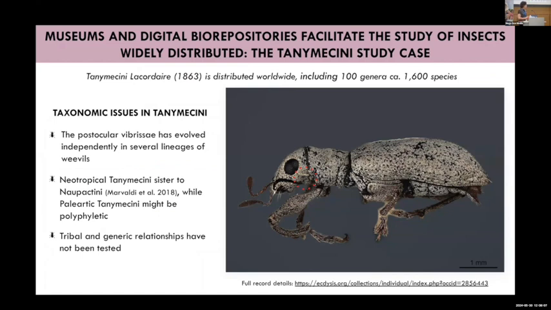I work with weevils, snout beetles. They have a short rostrum. The tribe that I work with is called Tanymecini, and it has 100 genera worldwide distributed, and almost 1,600 species. So that's quite a lot.